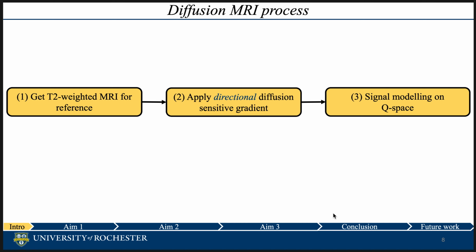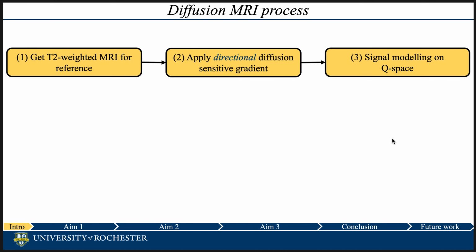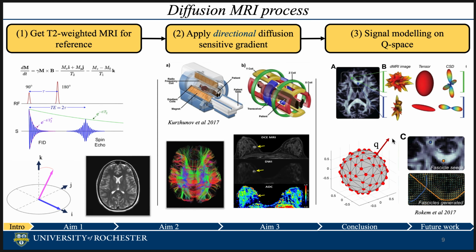Now, to do non-invasive diffusion measurements, we need to perform diffusion MRI. And diffusion MRI can be done in these three steps. First, we get the T2 weighted MRI for reference. Then we apply directional diffusion sensitive gradient.